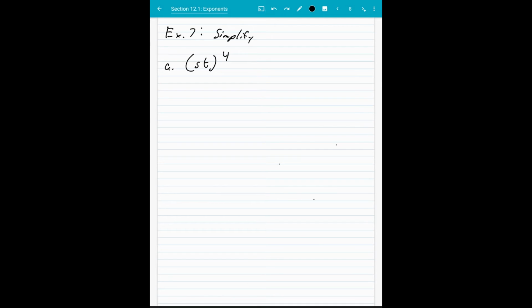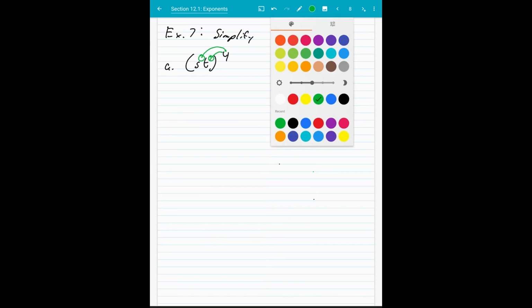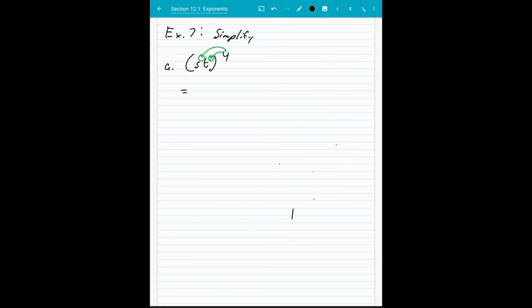What that means is we have to distribute this 4 to the exponent to each one in the top, and it multiplies with each number that's right here. So what happens is 4 times 1 on the s makes s to the 4th power. 4 times 1 on the t would make t to the 4th power.